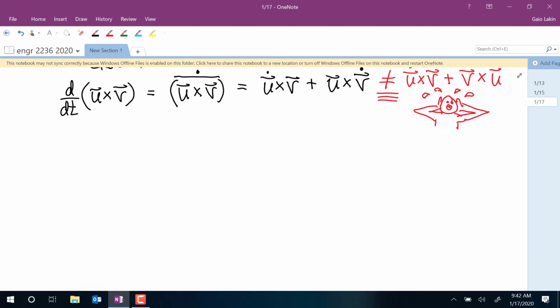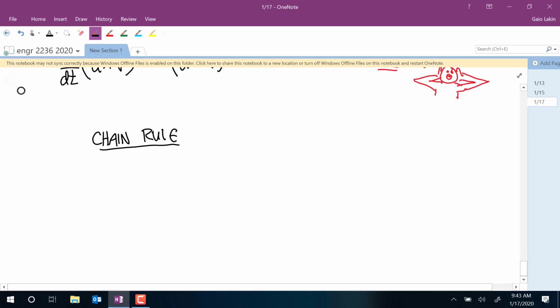Okay, so now the chain rule. The chain rule says if you're taking a time derivative of a function f, and now this is a vector function, and f is a function of some g of t, we're only going to worry in this class about the vector function having an argument that's a scalar, not a vector, although that does come up, but not in this class.